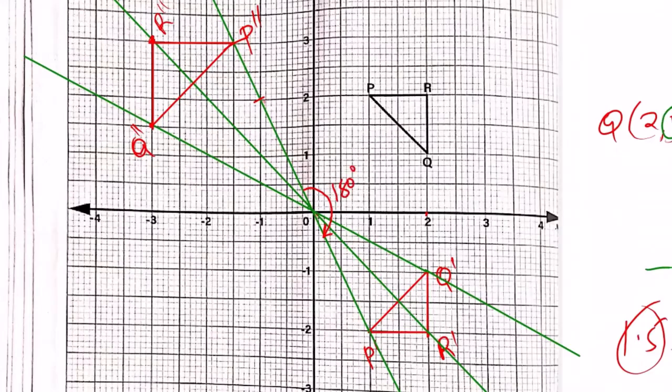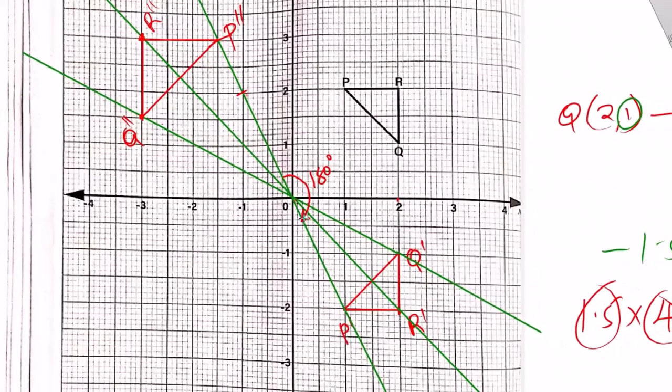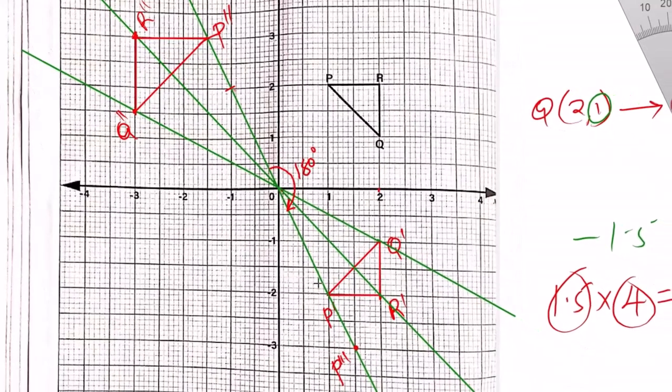So from the center of rotation, you count 6 squares: 1, 2, 3, 4, 5, 6. You'll notice P triple prime will be located there. So from the origin to P double prime along that straight line is 6 squares, then from the origin to P triple prime, 6 squares. You do the same for all the others.